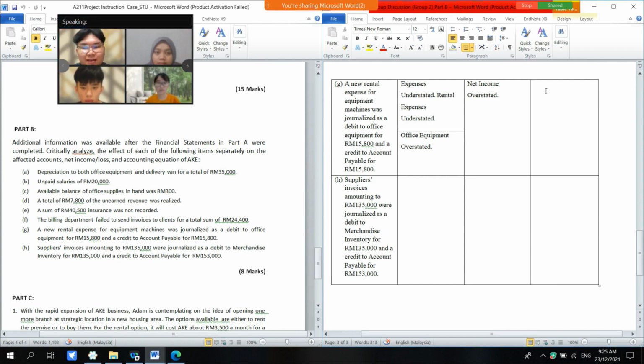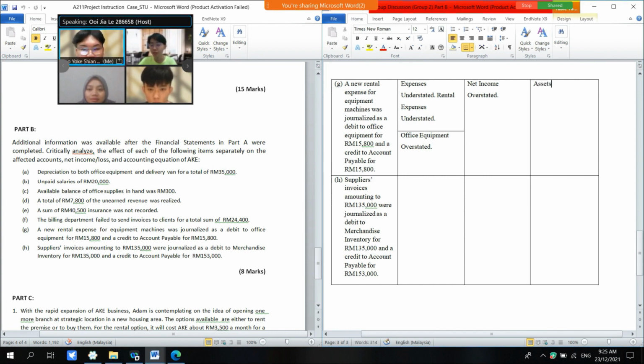Afrina, for G additional information, I think it's asset overstated because we wrote here office equipment. Yeah, this is an item for the assets, not liabilities. The last one, owner's equity overstated.